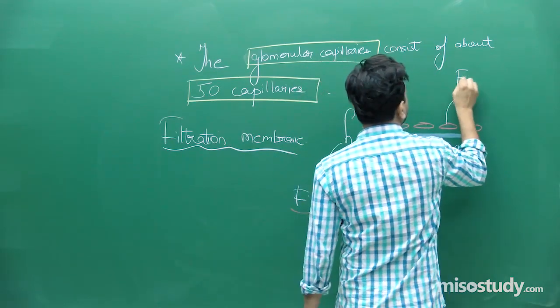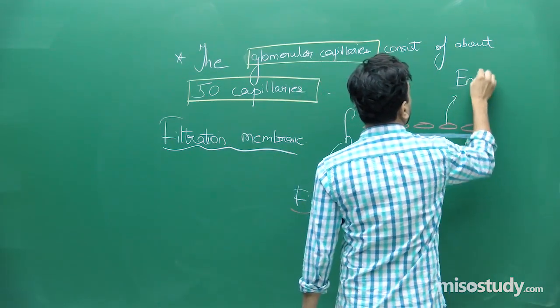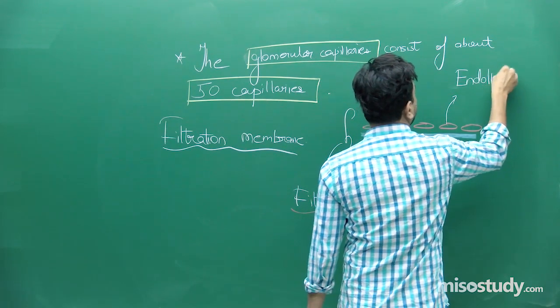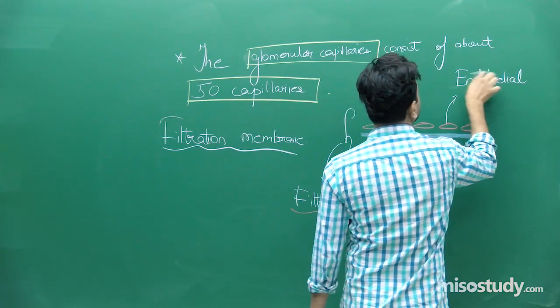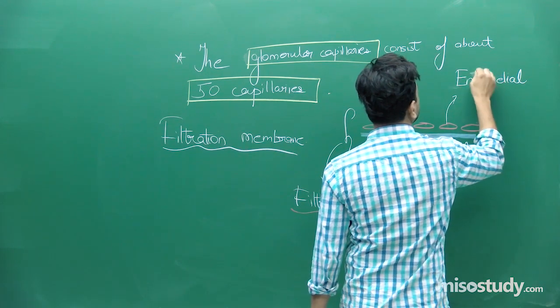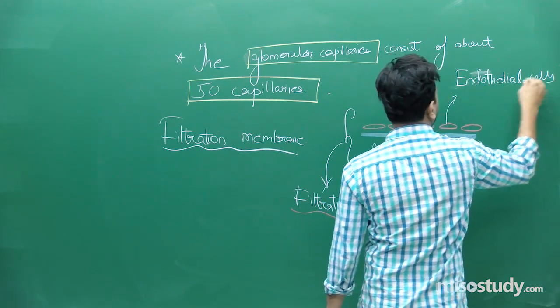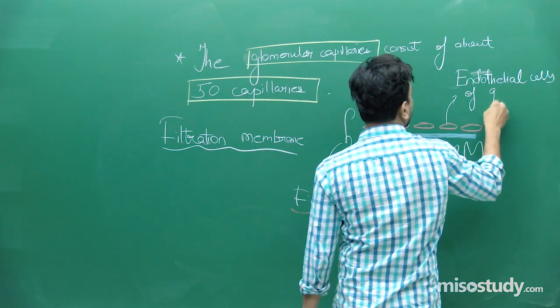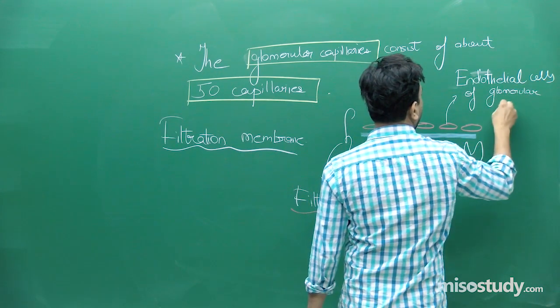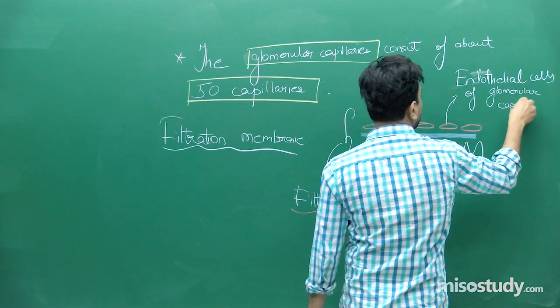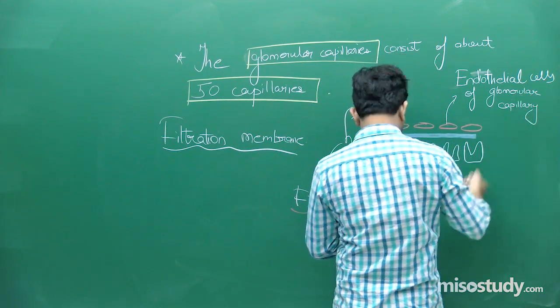These are the endothelial cells of the glomerular capillary, right?